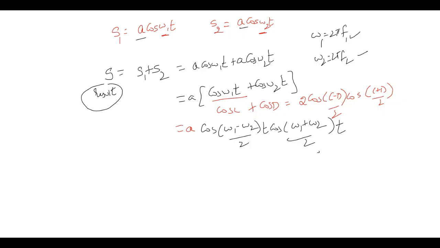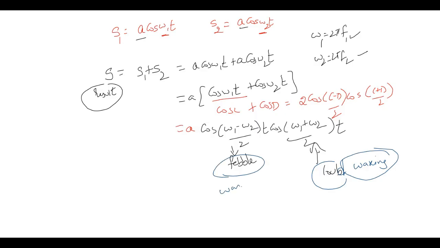Okay. Here, wherever the frequency got added, we will be getting loud sound. Where frequency has been subtracted, we will get feeble sound. So this is loud, L-O-U-D. Okay, loud sound. This loud sound we call waxing. This feeble is known as waning.